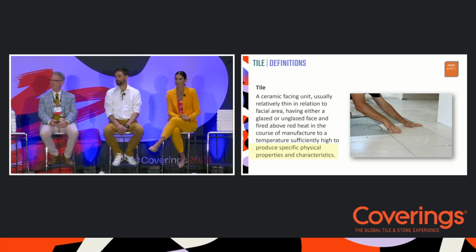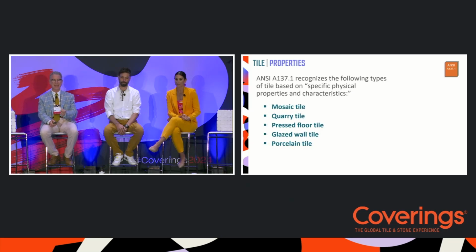So what ANSI tells us is that each type of tile has specific physical properties and characteristics. And that's really what sets apart a mosaic from a quarry tile, a pressed floor tile, a glazed wall tile and a porcelain tile. Those are the 5 types of tile that ANSI A137.1 addresses in the manufacturing standard.